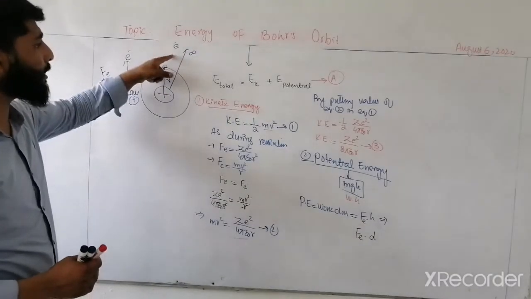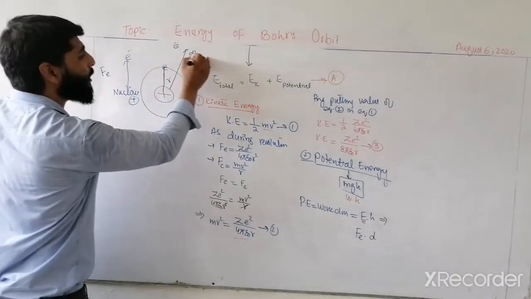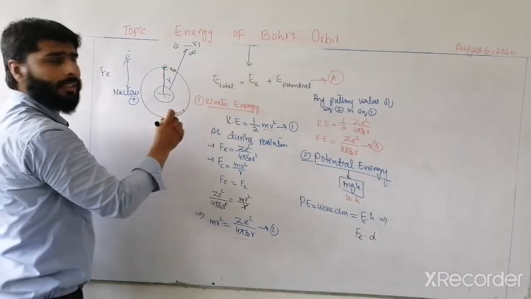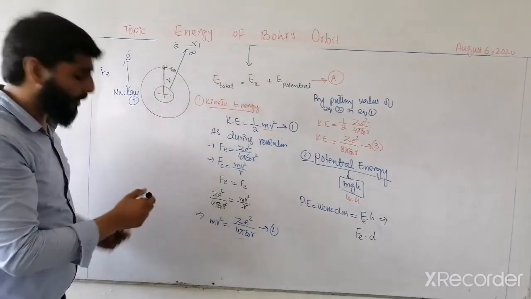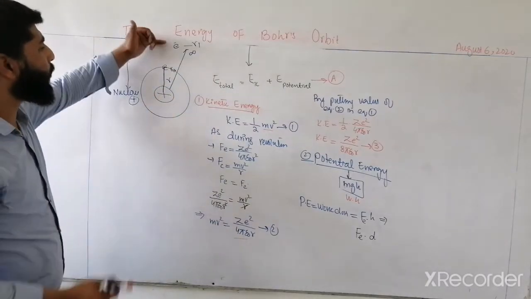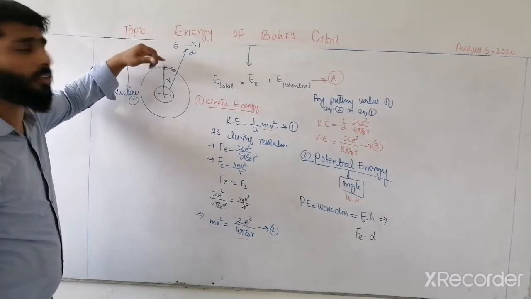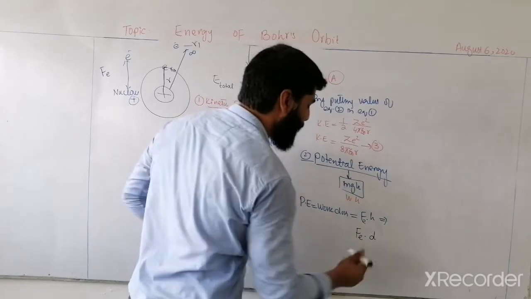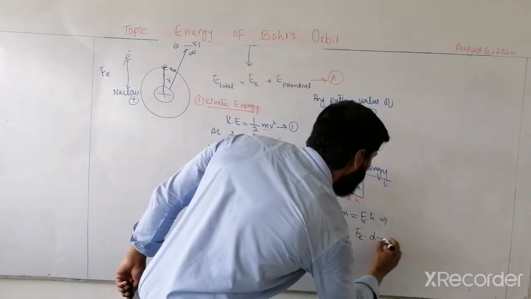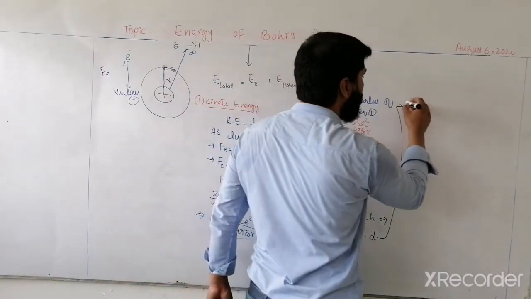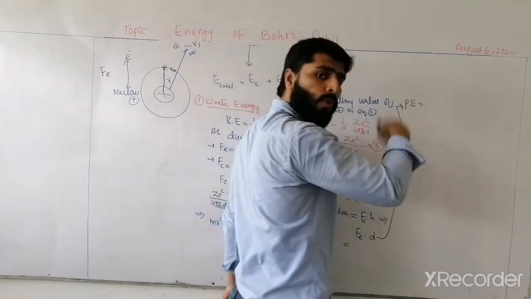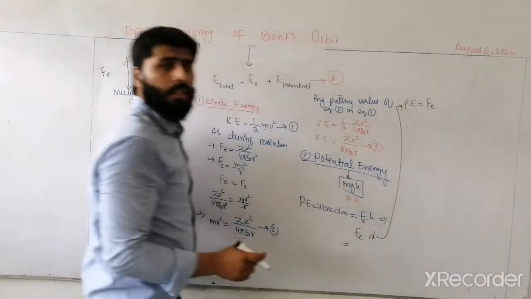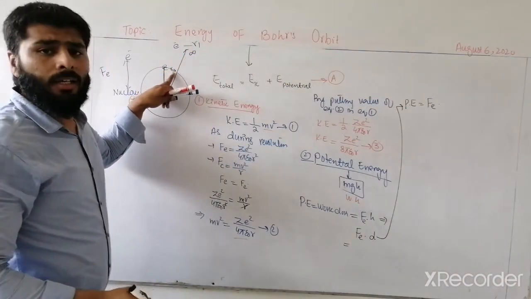Now distance here is, if this is point R1, infinity, if it is R1 and it is R2, then the distance covered by the electron from the nucleus, the change in distance, will be R1 minus R2. You can write potential energy, which is equal to work done, and it is equal to Fe dot R1 minus R2.